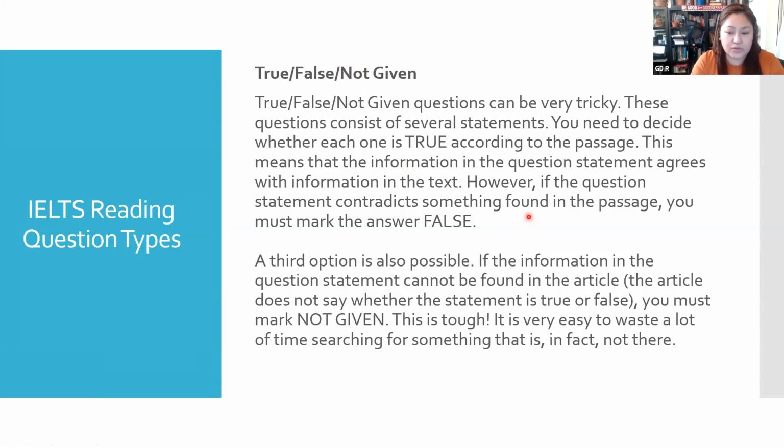So how do we go through it? It's true if it's according to the passage, the information is there. It's false if the information is there, but it contradicts the passage. It is not given, class, if the information is not there.